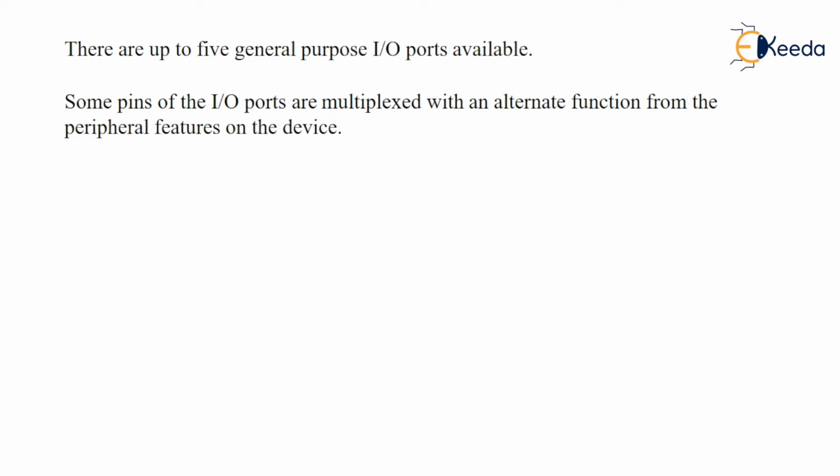Some pins are assigned as serial communication pins, RX and TX. Some are used for the CAN bus, some for motor driving, some for interrupt generation. So each pin of each port has multiple functions.